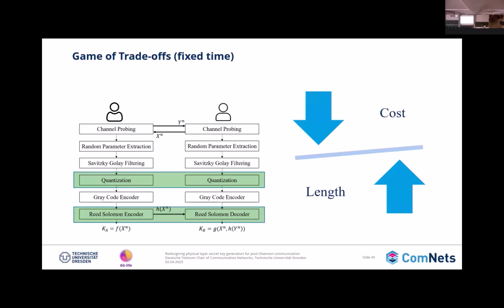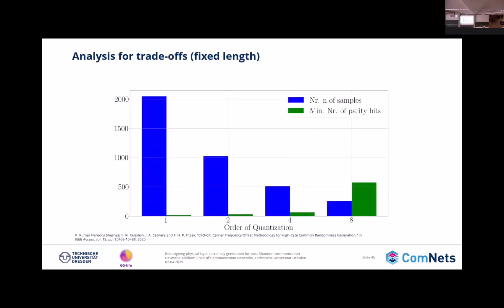And then the trade-off that we needed to consider when designing the common randomness scheme was the length versus the cost. If we wanted very large length common randomness, then we had to sacrifice by introducing higher reconciliation cost. So this was the trade-off to be considered when designing the system.